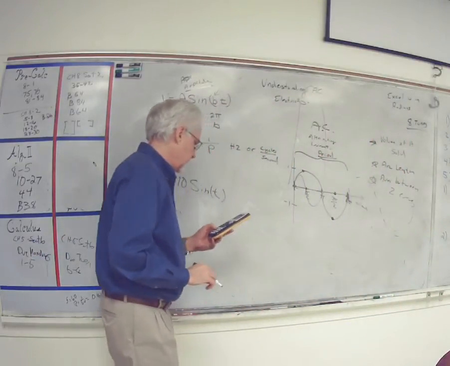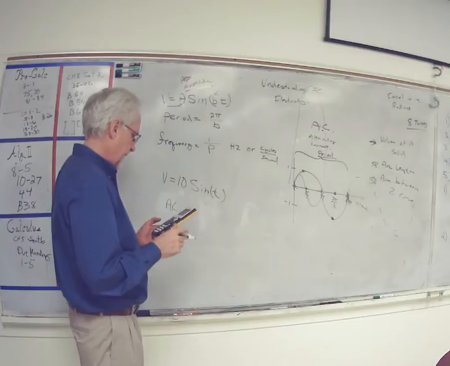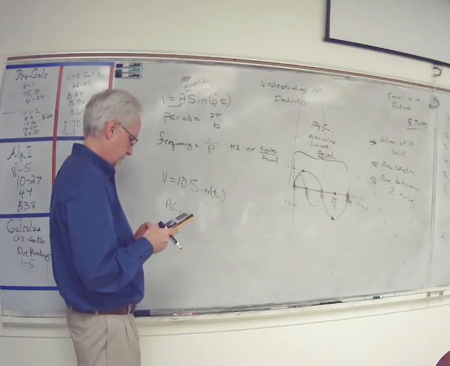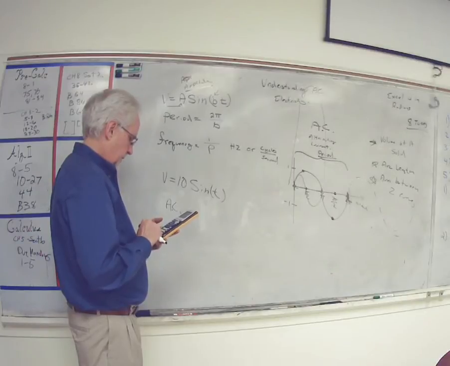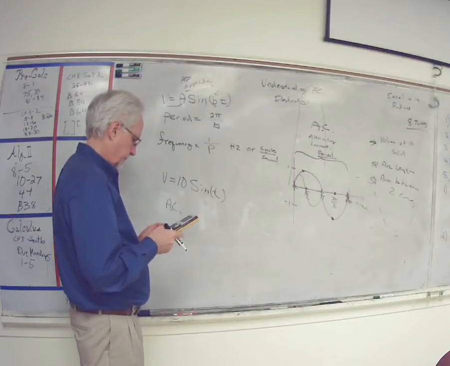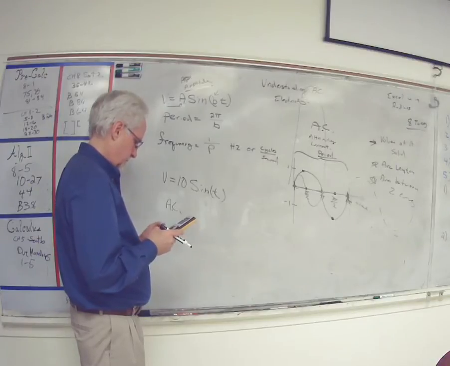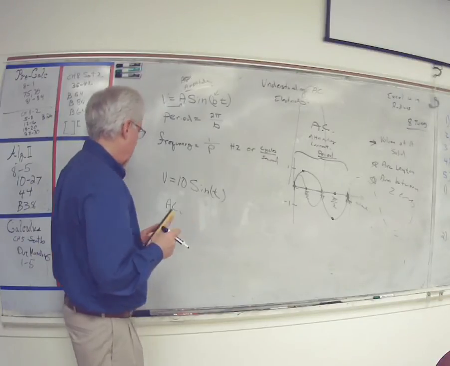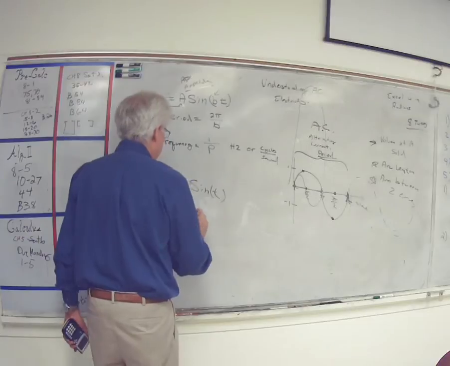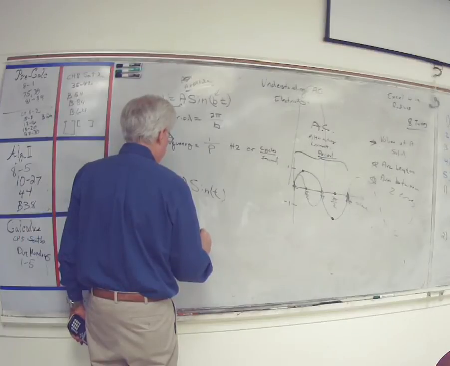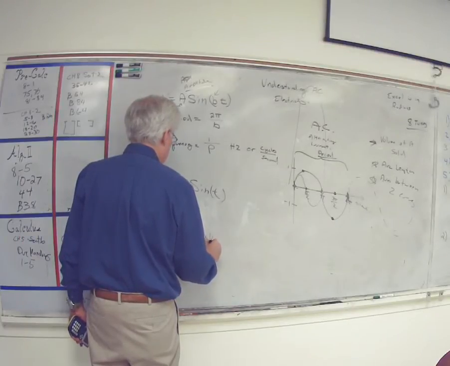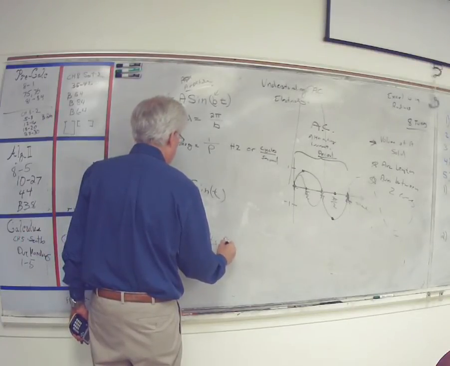Now the AC electricity that is coming out of the wall, believe it or not, is 170 volts at the peak.